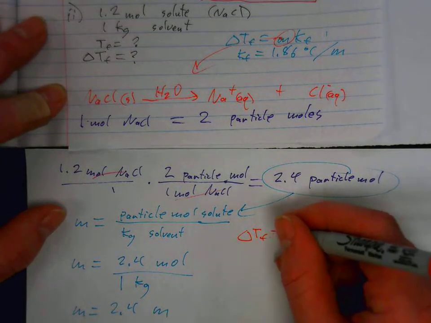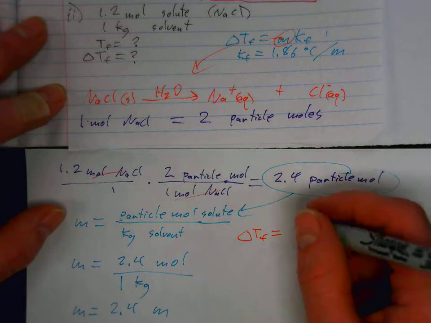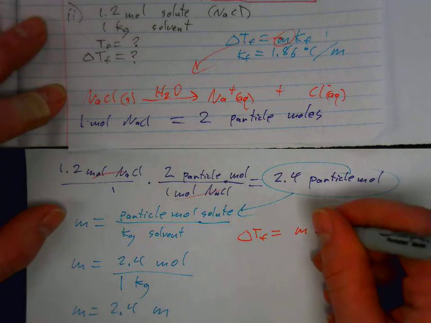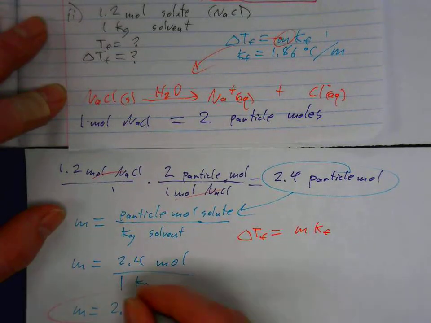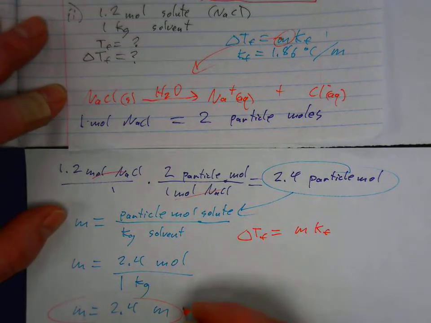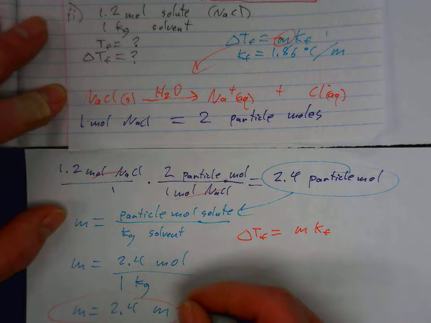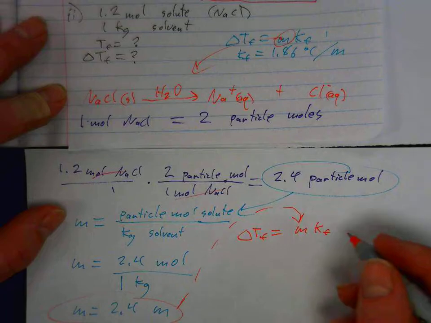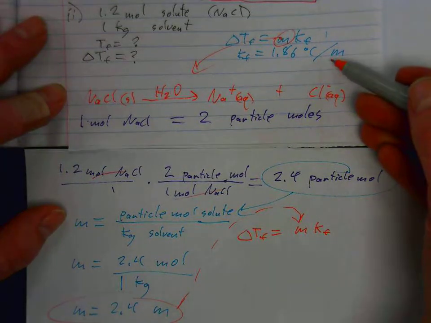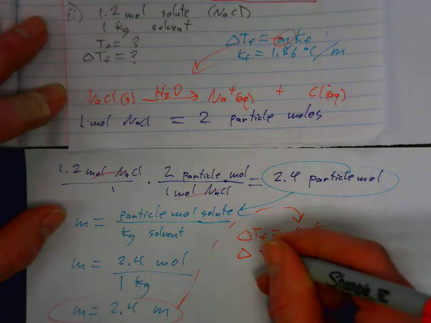So we plug this number in for the molality, and the freezing point constant we wrote down up here. Plug those numbers in. 2.4 molal times the freezing point constant, 1.86 degrees Celsius per molal.